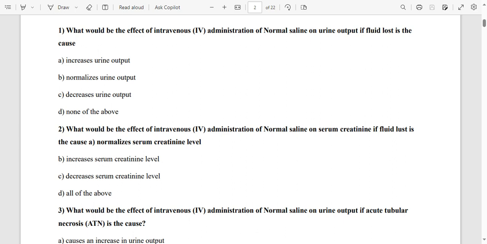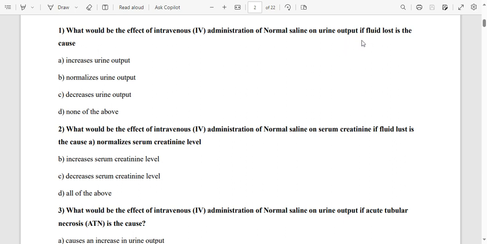So that means that because they've lost that fluid, the volume outside the cell has decreased. If you administer normal saline, of course normal saline has almost the same concentration as the concentration inside the cell. But when someone loses fluid, mostly what they are losing is water.